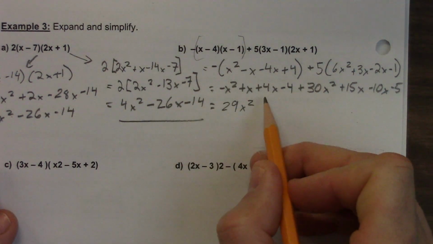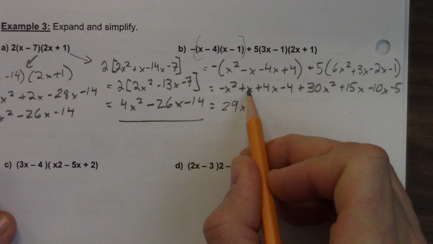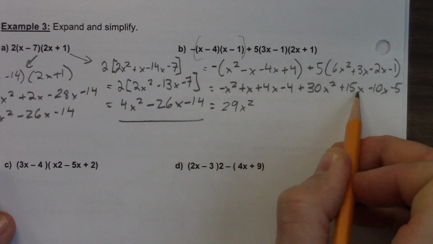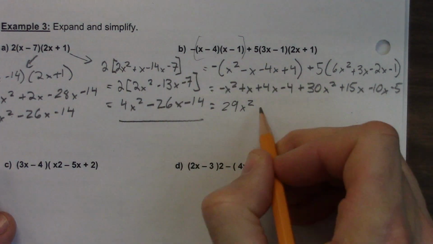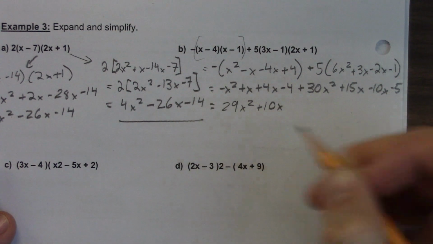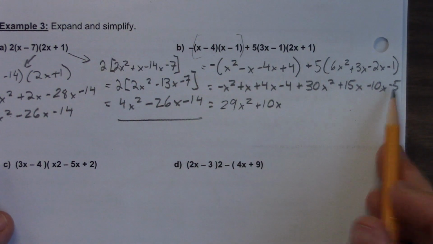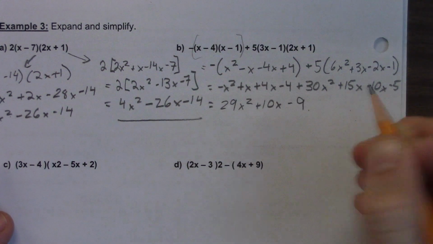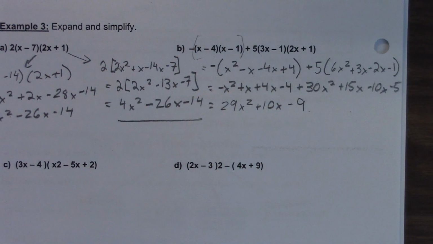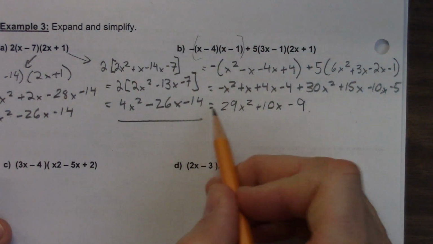And then I combine my x's. We got 4x plus x is 5x, plus 15x is 25x, minus 10x is plus 10x. And then I have minus 4 and minus 5. It's minus 9. All right. Here's my final.